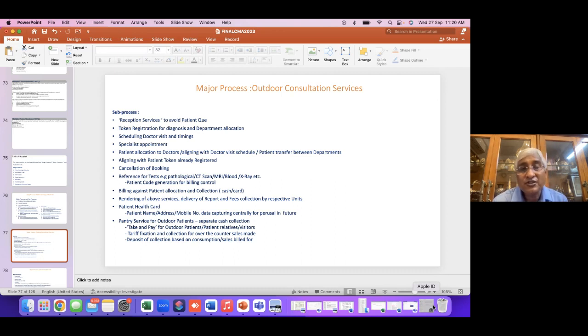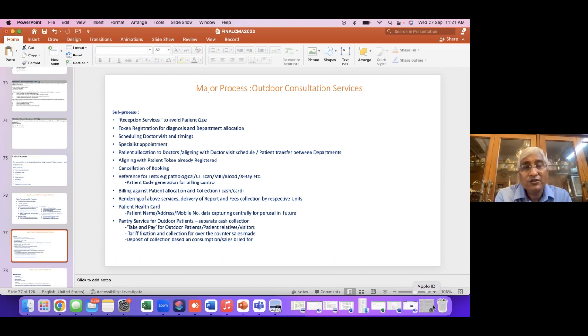Patient allocation to doctors, aligning with the doctor visit schedule. Say some doctor may come on Tuesday, and the next visit will be on Sunday. So the patient should be advised: today is Tuesday and your next schedule will be on Sunday. Accordingly, the same doctor will instruct the patient that he is only available next Sunday, so the patient party should be advised to visit on that particular date, because otherwise the same doctor is not available.